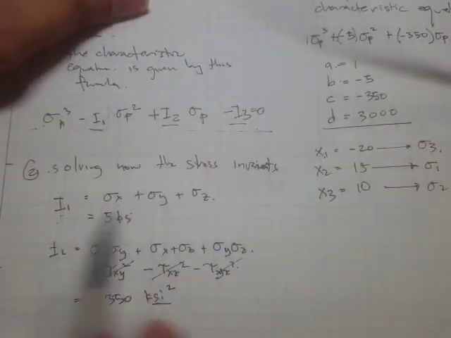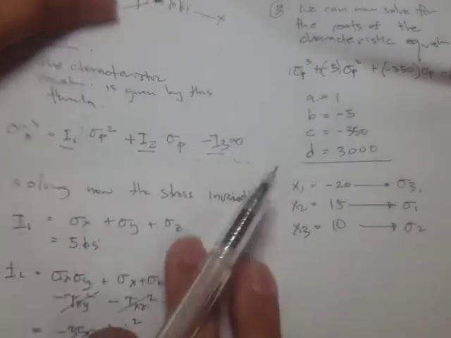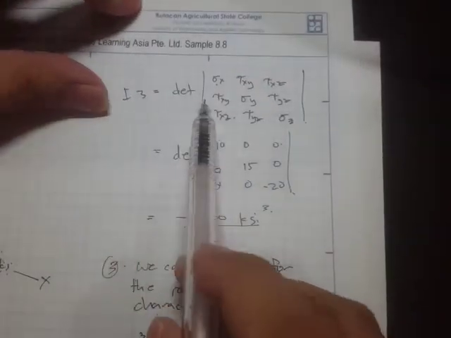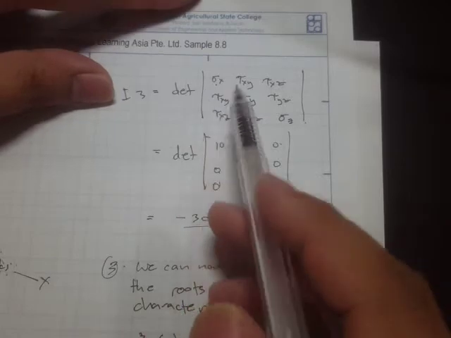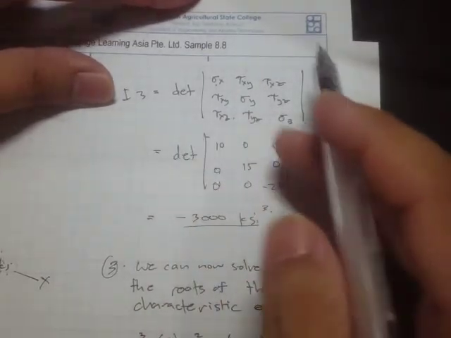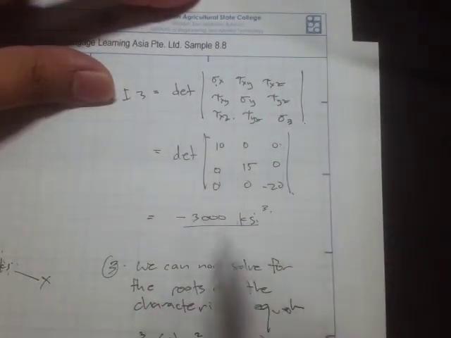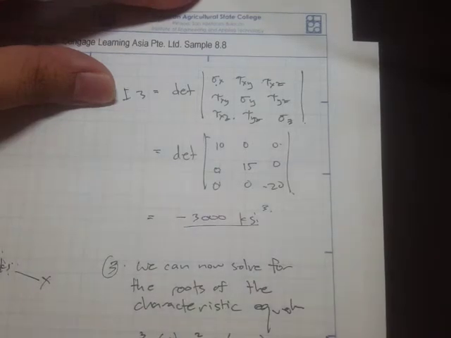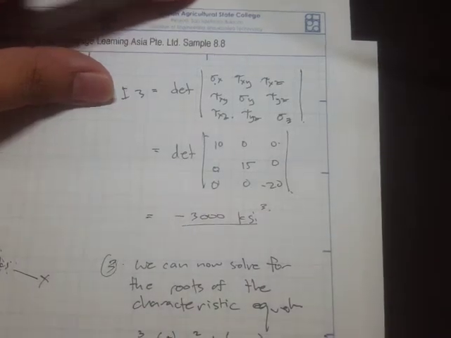You just have to follow the formulas right here, except that for the third stress invariant, we are using a calculator so that we can do it faster. We can find the determinants, and we just have to input that.